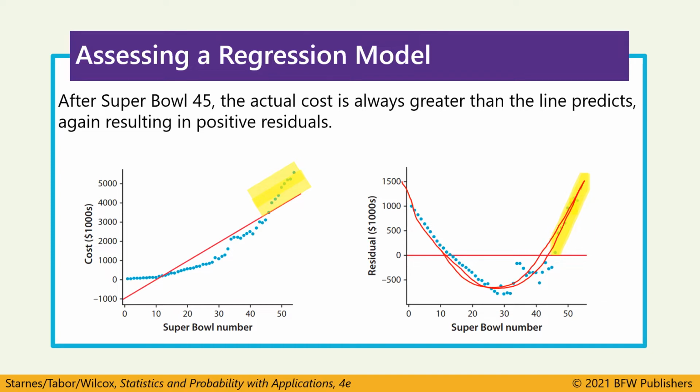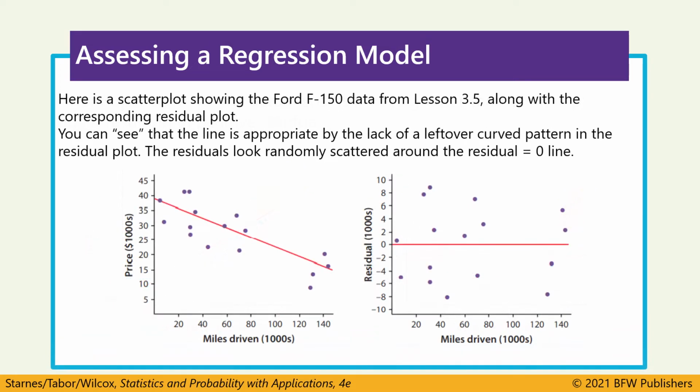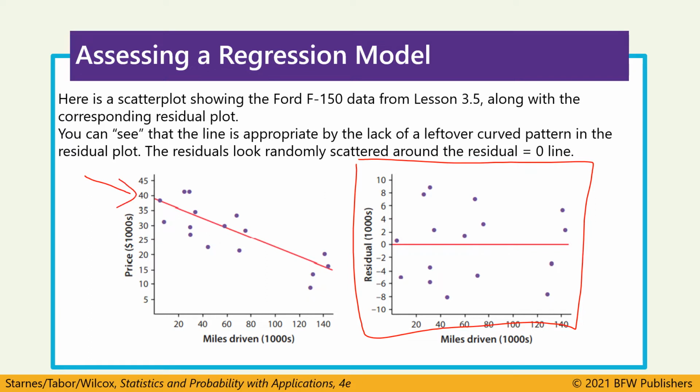If we see any kind of pattern in a residual plot, that's bad. It means that what we're looking at is not actually a straight line. Instead, what we want to see in a residual plot is a whole bunch of essentially nothing, just a bunch of scatter with no pattern at all. We can see from looking at our scatter plot here of that Ford F-150 data that all of these points are plotted on this residual plot.